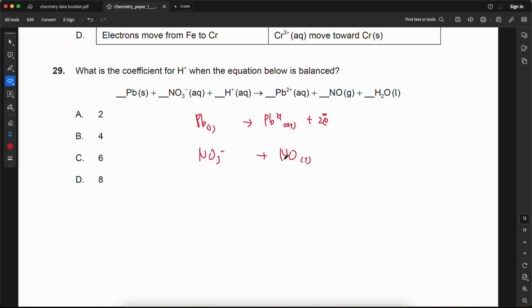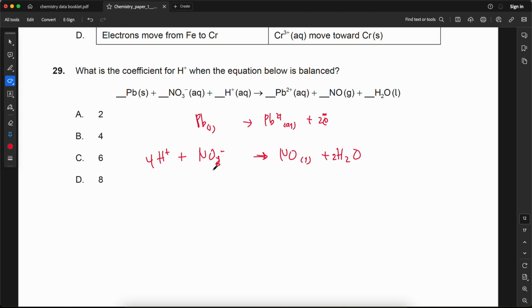The number of atoms of N are equal, but not for oxygen. Oxygen here is 3, oxygen here is 1. To balance it, we need to add H2O. We need 2 H2O because there are 2 more O. Then H is not balanced, so we add H plus on the other side, which is 4, because 4 H plus.